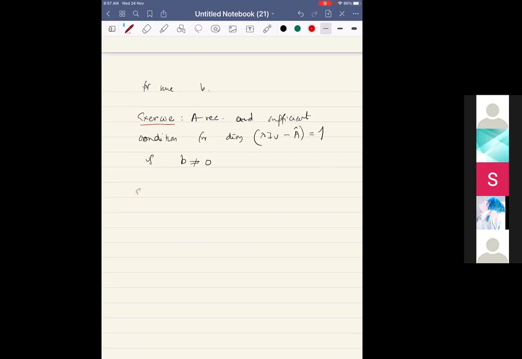Now, another exercise. This is all very well explained in the notes, which is why I'm going so fast. If B is non-zero, we can in fact choose V1 and V2 such that the matrix is of this form.